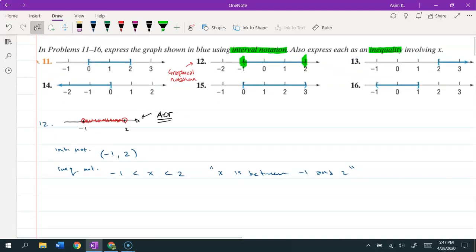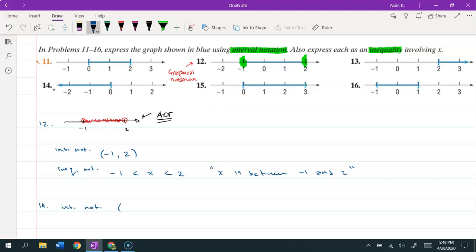Let's take a look at number 14 here. Number 14 gives you, once again, a graph, except the difference is now the left end is continuing to be shaded. So think to yourself, what did that used to mean? Well, the interval notation for it is going to look like the following.